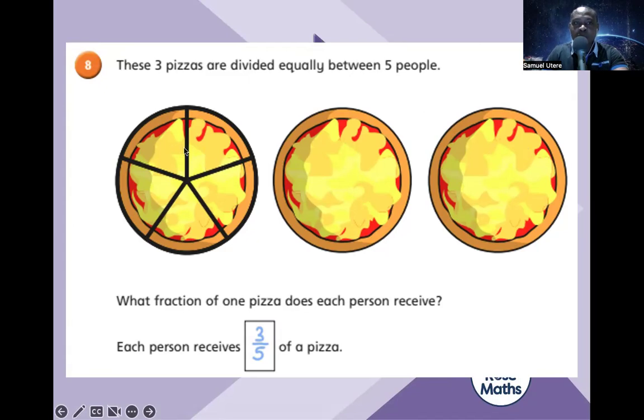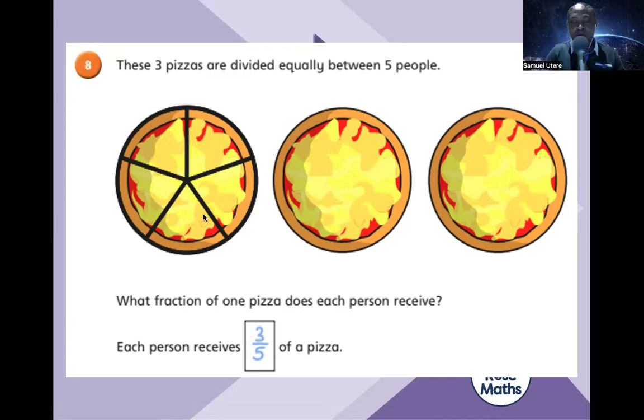If you split it into five equal parts, each person takes one part of that, and then one part of that, and one part of that. You now have three pieces, which means one person has three pieces out of five equal pieces. So for one pizza, you just need to split one pizza and give one person three parts, and then the other people will take their parts of the pizza. So each person gets 3/5 of one pizza. That's if you just want to give the person all that they need to get in one go.